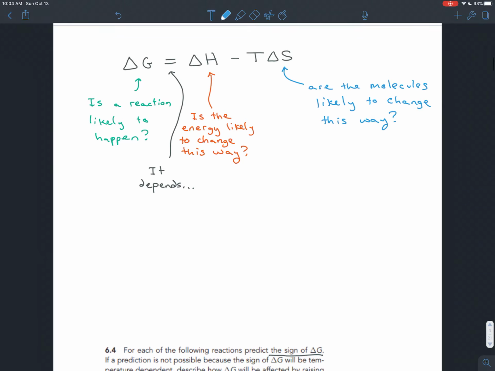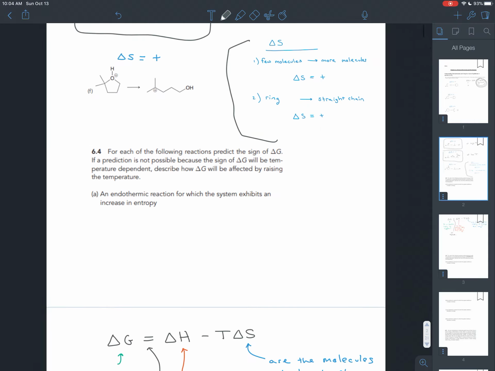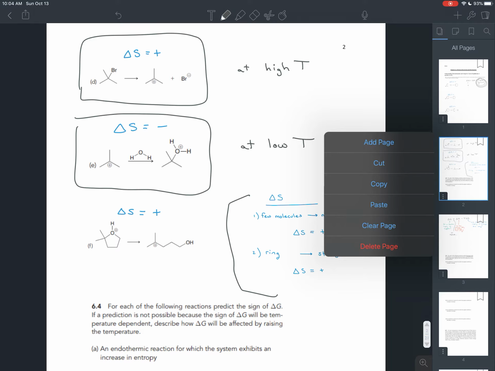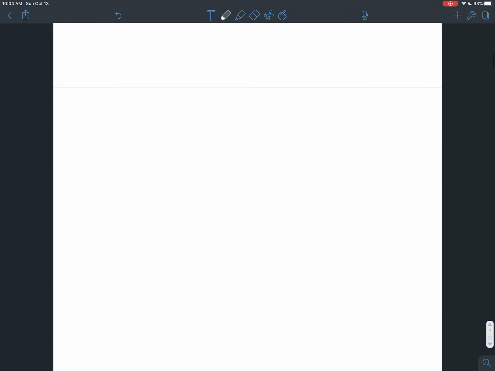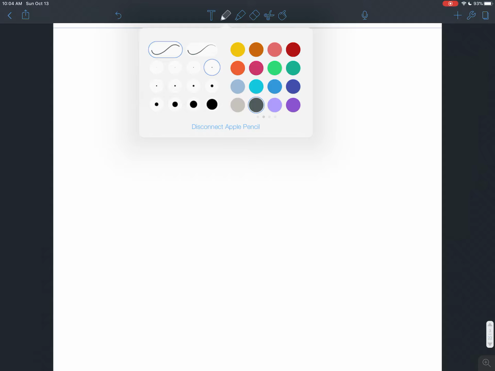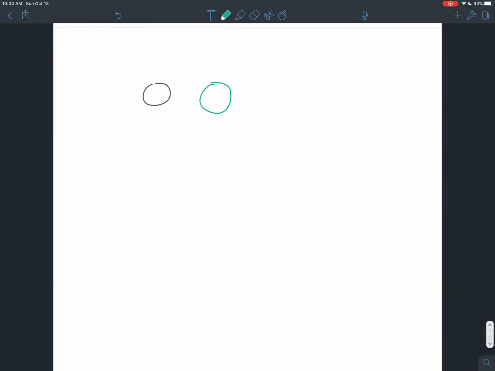And so, remember, if you're trying to think about these changes, and you're trying to think about whether something is likely or not, remember the principle that stuff spreads out. If you had 4 quarters, a black quarter, a green quarter, a blue quarter, and a red quarter, how many ways can you get all heads?